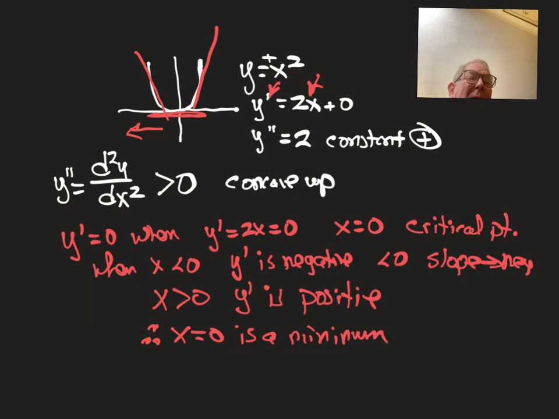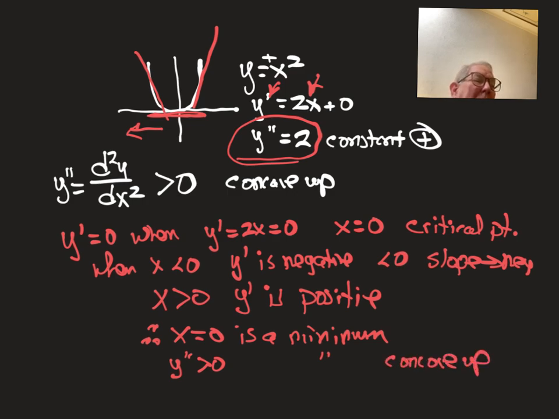You already know that because the second derivative is greater than 0, right? And therefore, it's also a minimum because it's concave up. Okay?